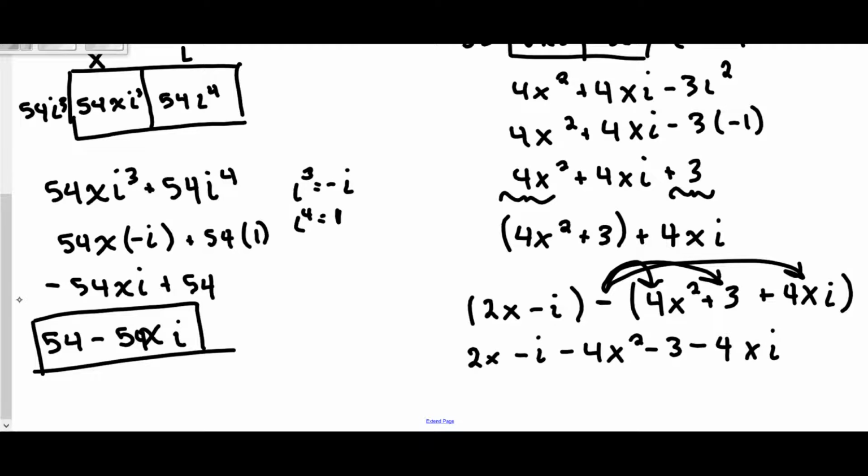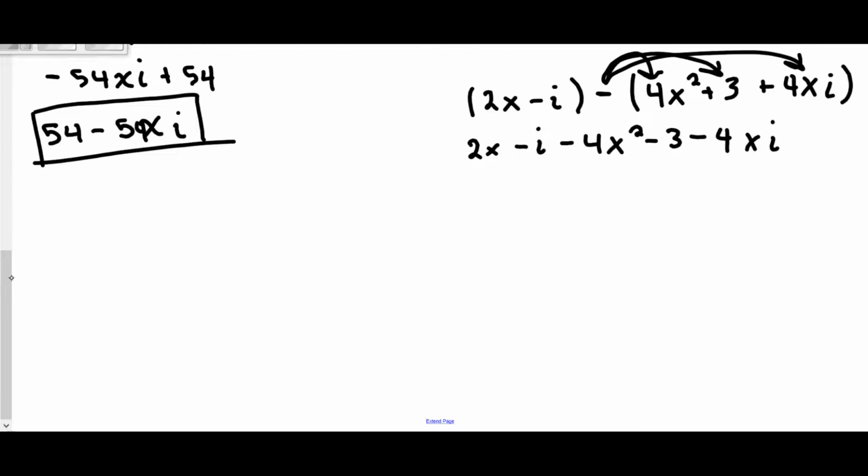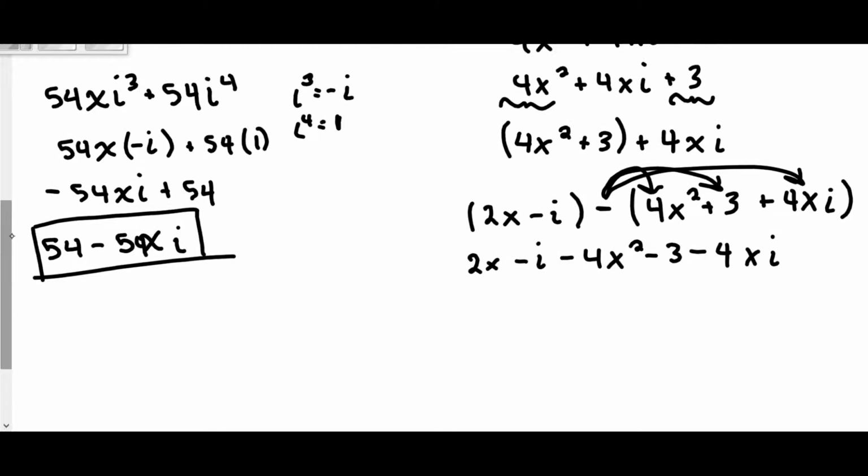There are no like terms here to combine at all, and we have no powers of i to simplify. So there's nothing really else left to do with this problem except put it in a plus bi form. Now it looks a little strange. So to start putting it in a plus bi form, we're going to gather all the terms that don't have an i.